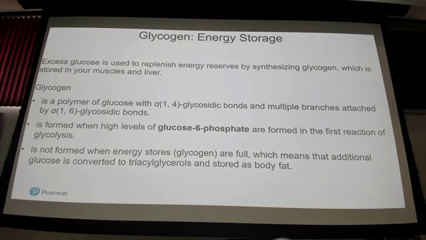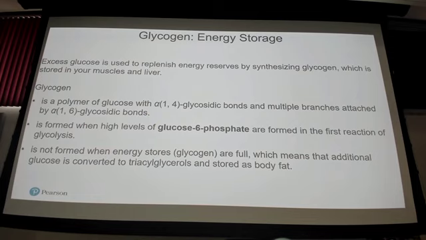Right? That glucose is going to be converted to fat. Right? That's what it says. So, if there's enough glycogen, then our body is going to convert that additional glucose into triacylglycerols or triglycerides, and it will be stored as fat.